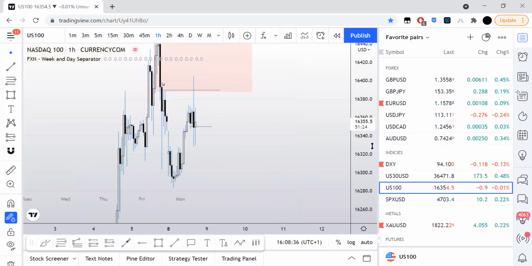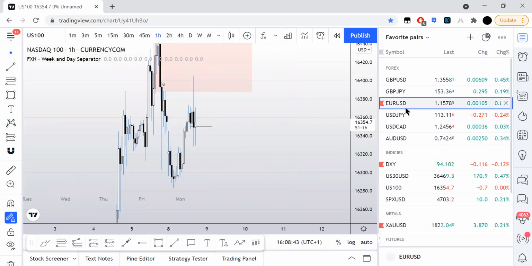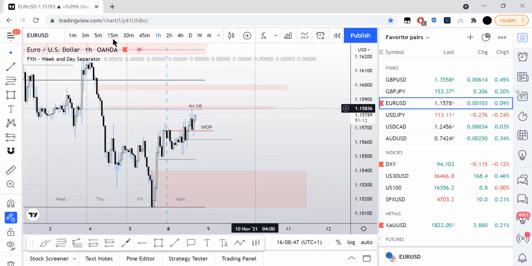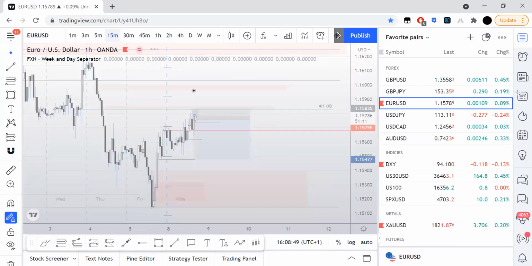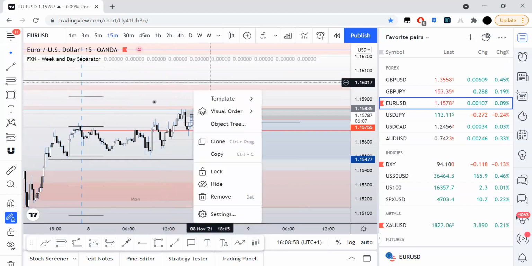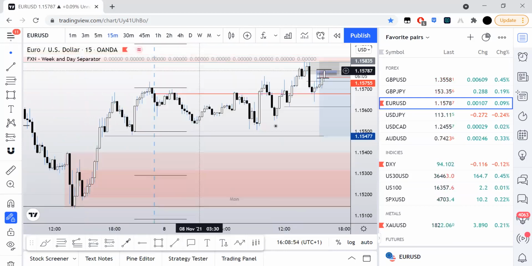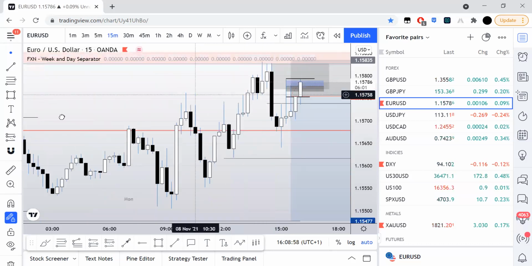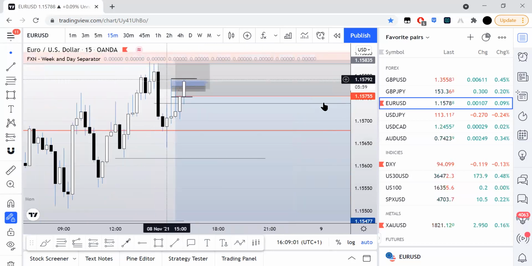I'm gonna just chill. See Euro USD. Yeah, I would have been completely out of this at this point. Okay, never mind, not yet. I keep thinking it took out the high.